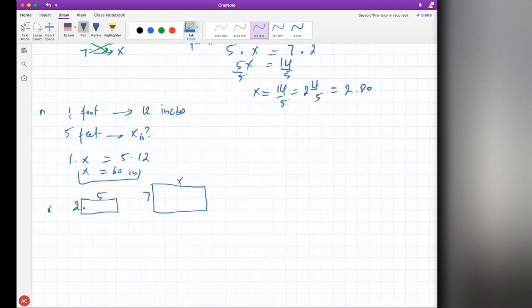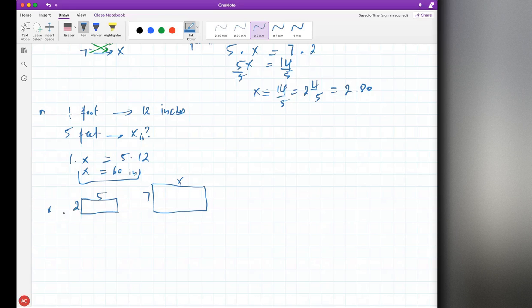So this is the same side, not equal, but this side was changed into 7. This side is equivalent to this one, but we need to find x. So if this goes from 2 to 7, this should go to where? Should go to what value? From 5 to x. So we're going to have to write two ratios.